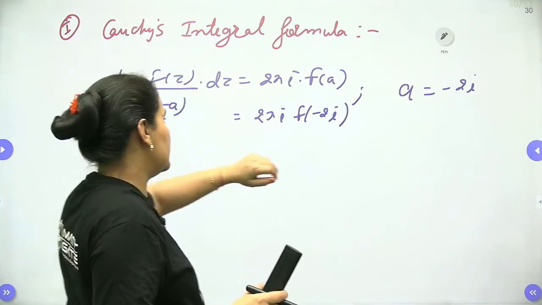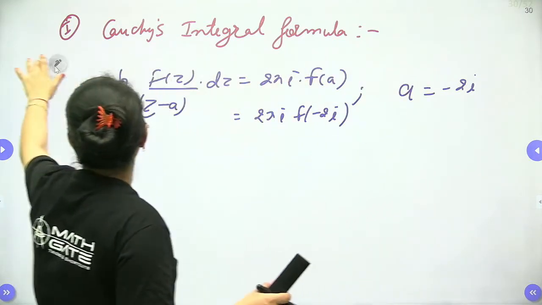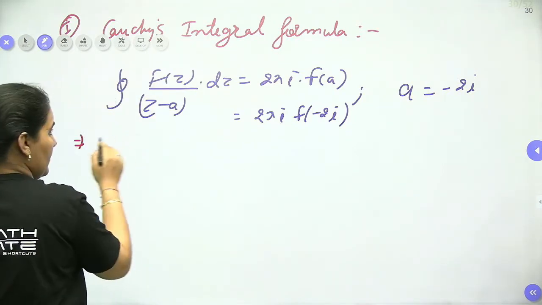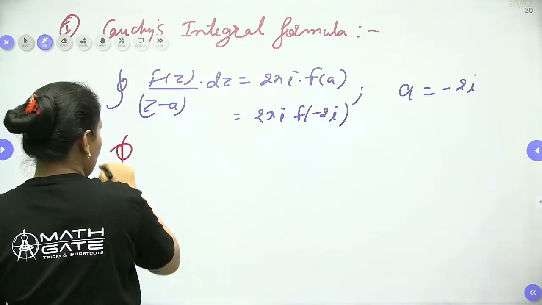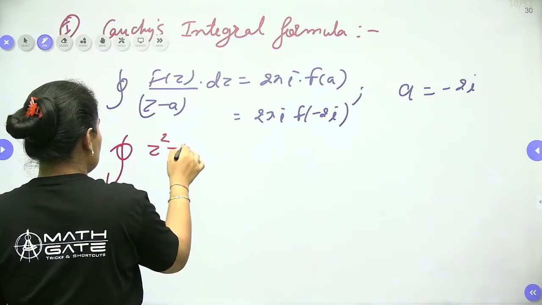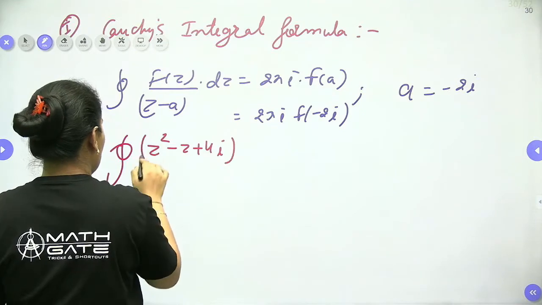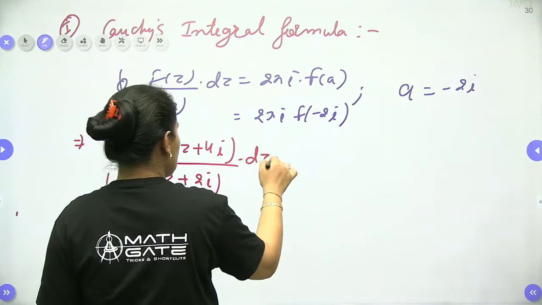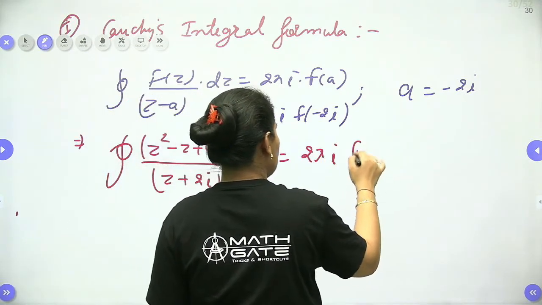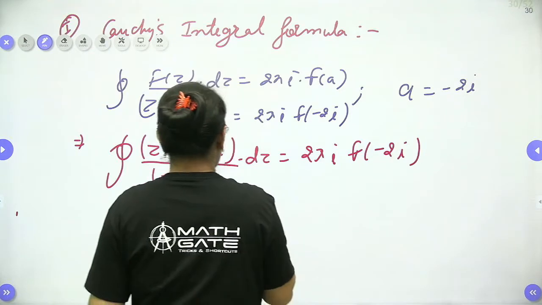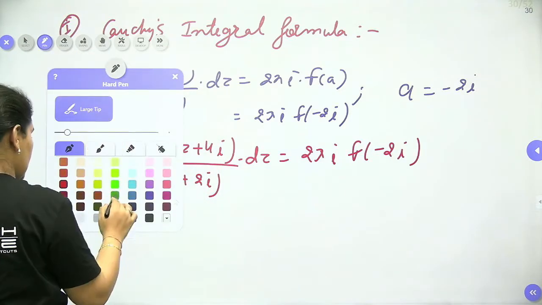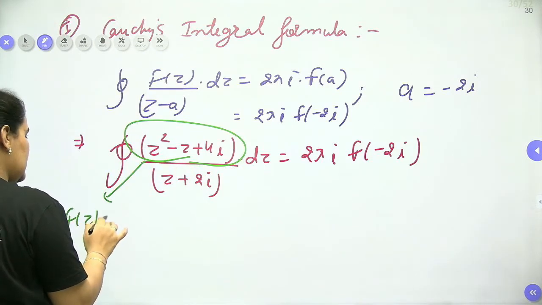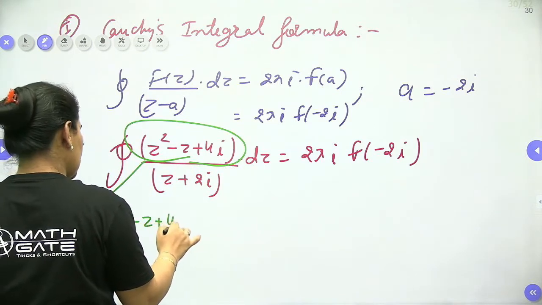So when we approach here, it will be 2 pi iota into f of minus 2 iota, where f(z) is z square minus z plus 4 iota, divided by z plus 2 iota, dz. So f(z) is z square minus z plus 4 iota.